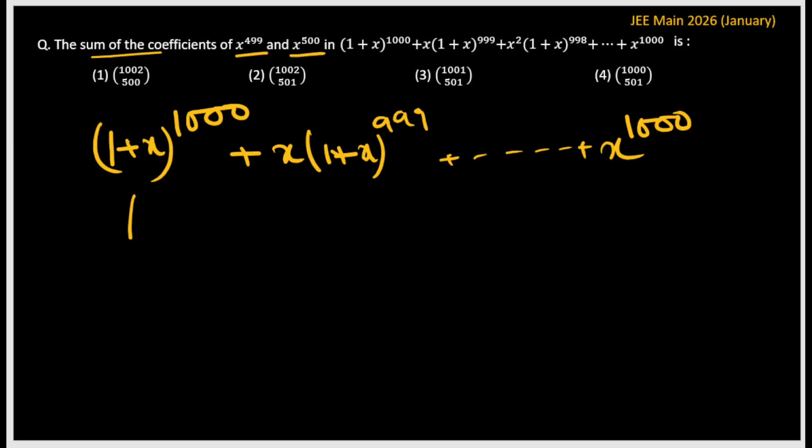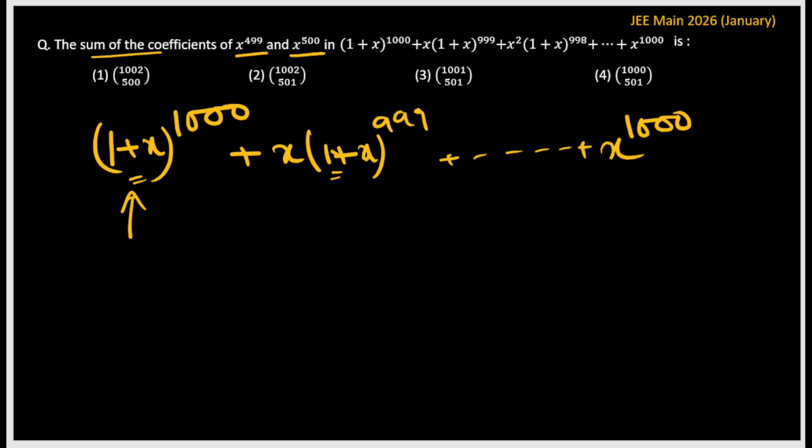If we individually find the coefficient of x^499 and x^500 in each term and then sum them, it is very difficult. So in this case, we approach another method.